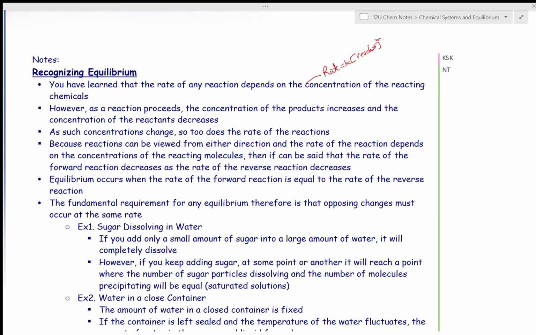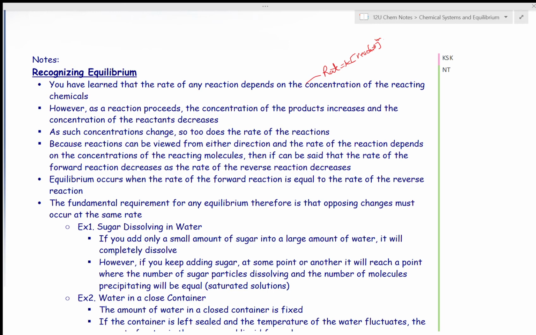And so as a result, at the beginning of the reaction, of course, our products have a reaction rate of 0 going in the reverse direction because I don't have any yet. But as this reaction goes forward, I get more and more and more products being formed. And that means the rate at which the reverse reaction is going is faster and faster and faster. So what is equilibrium?